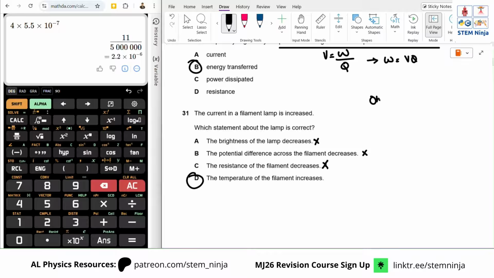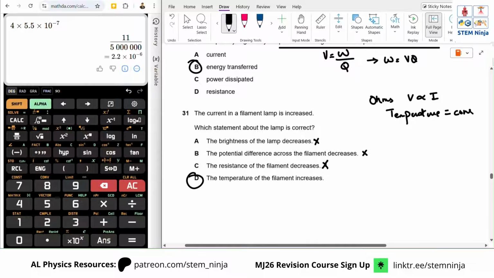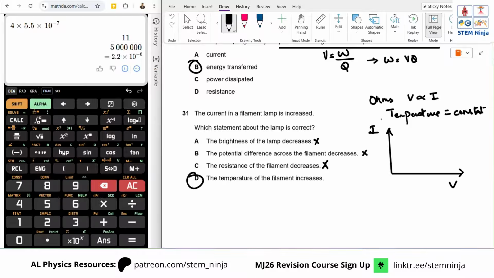So remember the Ohm's law that we study, V proportional to I, assumes that the temperature and other external physical quantities are constant. So that's why there is a non-ohmic response on that. So what we expect over here is somewhat like this.